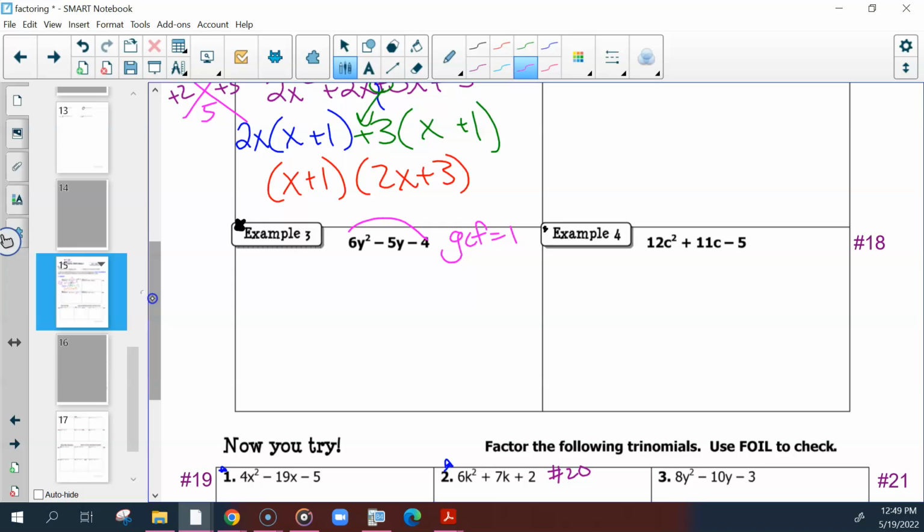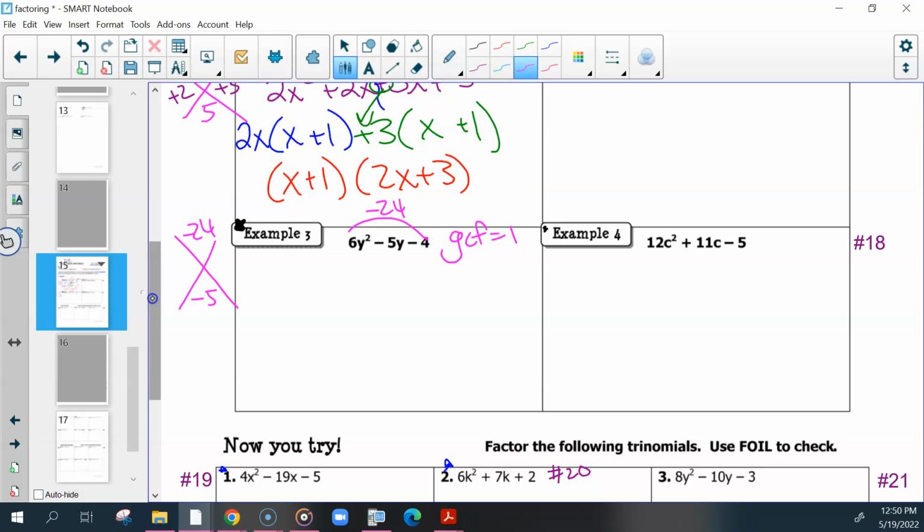Multiply 6 and negative 4. So we're looking for two numbers that multiply to be negative 24 and add to be negative 5. Think about your factors. You may need to write down the factors to do a factor tree if that helps you. One of your numbers is going to be negative.